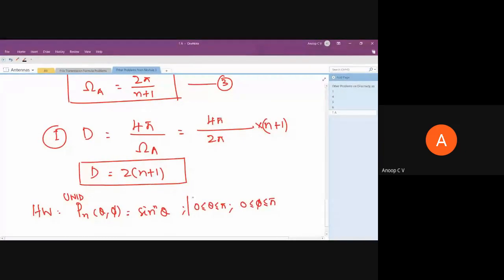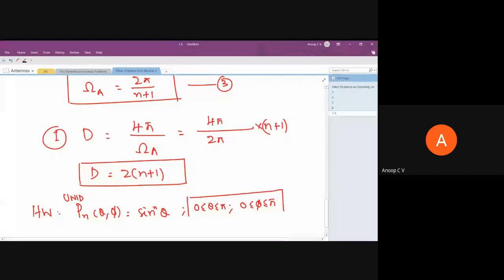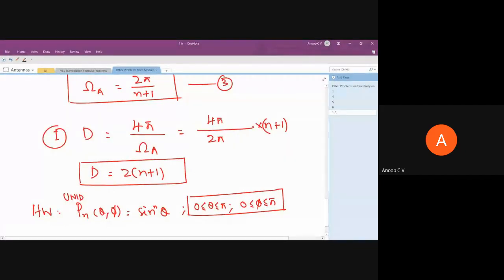So in this case, this will be unidirectional. Just think through why this is unidirectional.